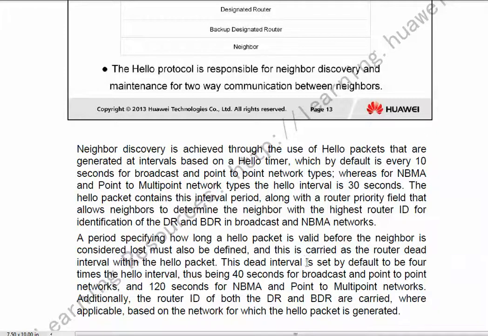By default, it is 4 times the hello interval: 40 seconds for broadcast and point-to-point, and 120 seconds for NBMA and point-to-multipoint networks. The packet we saw before is on an Ethernet interface, so it is 10 for the hello and 40 for the dead interval.